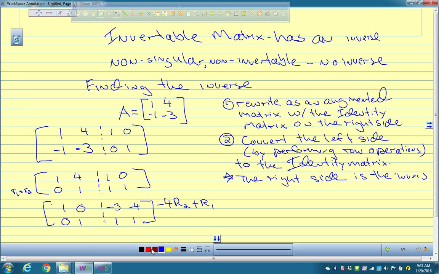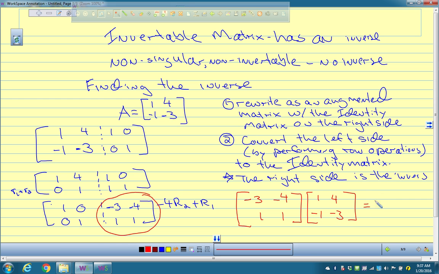So this thing here, see that right there? That is your inverse, okay? To prove that it's the inverse, I should do it in both directions, but I'm going to just show you. I'm going to multiply negative 3, negative 4, 1, 1 times 1, 4, 1, 4, negative 1, negative 3.